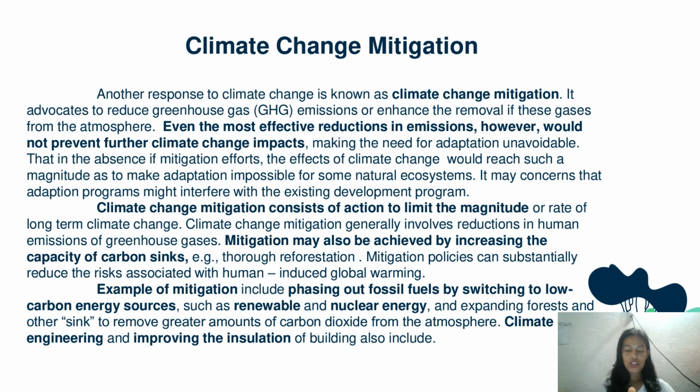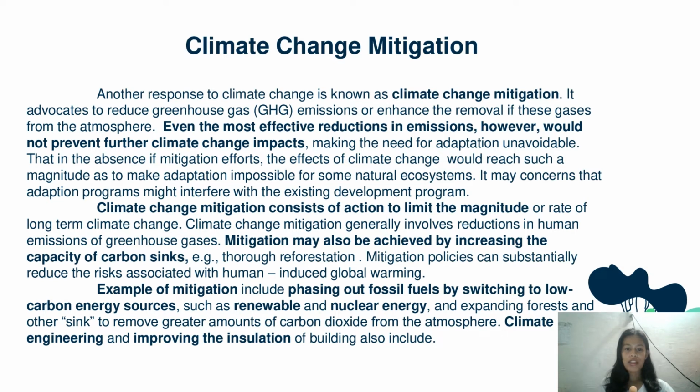Another response to climate change is known as climate change mitigation. It advocates to reduce greenhouse gas emissions or enhance the removal of those gases from the atmosphere. Even the most effective emission reduction, however, would not prevent further climate change impacts, making the need for adaptation unavoidable.